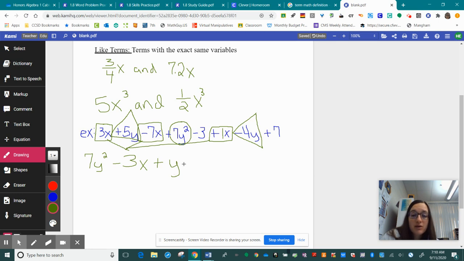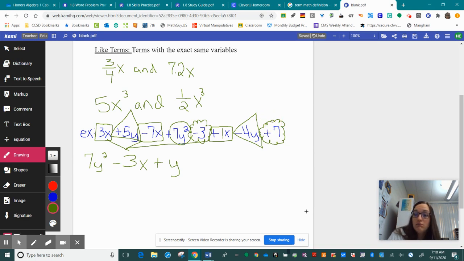All right, then from here, you can just do the not circled ones, boxed ones, triangular ones. Or you can pick a new shape. Maybe I'll do a cloud. -3 and +7 are also like terms. And some of you are like, well, don't they have to have the same exact variable and they don't have variables? Well, that's what they have in common.